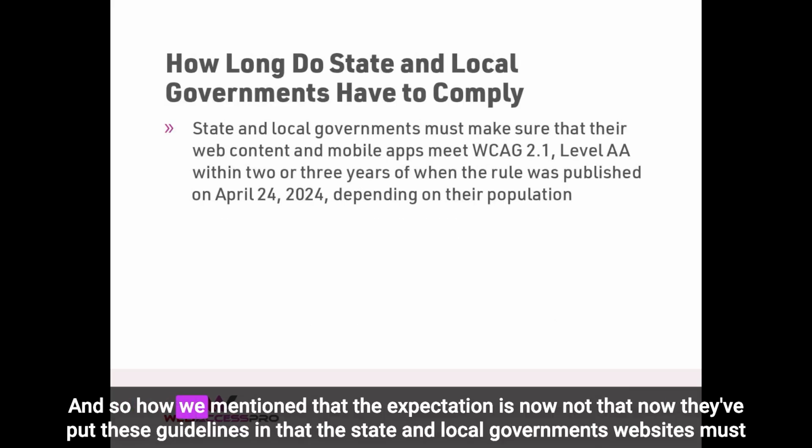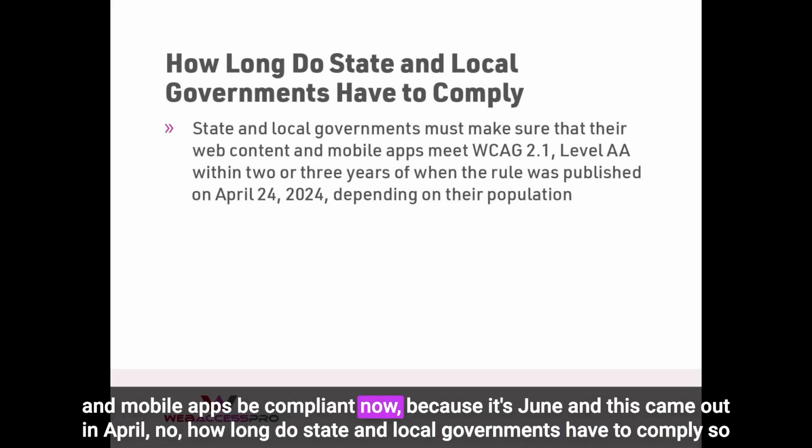And so, we mentioned that the expectation is not that, now that they've put these guidelines in, state and local governments' websites and mobile apps must be compliant now because it's June and this came out in April. No. How long do state and local governments have to comply?